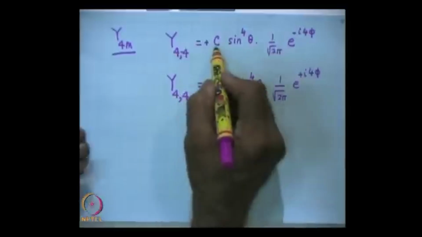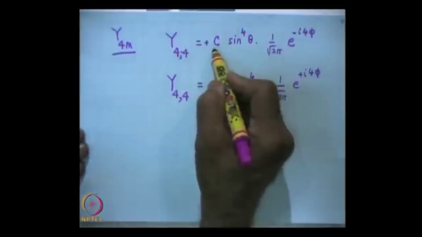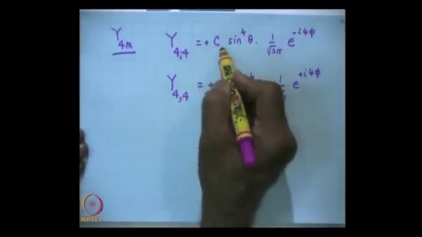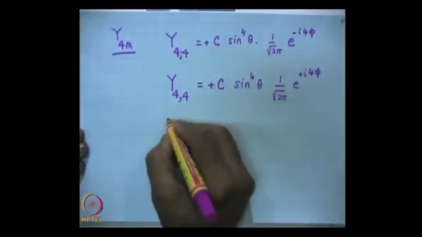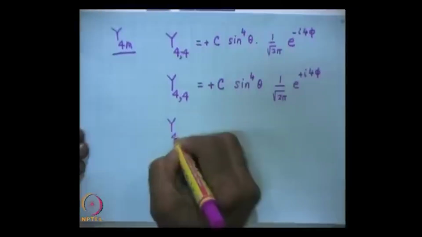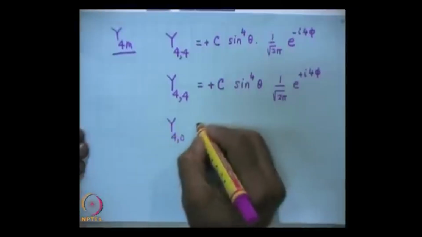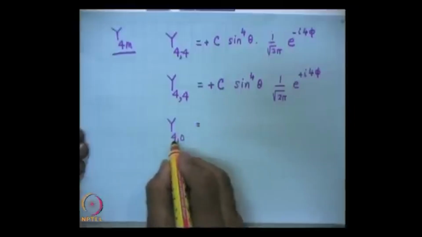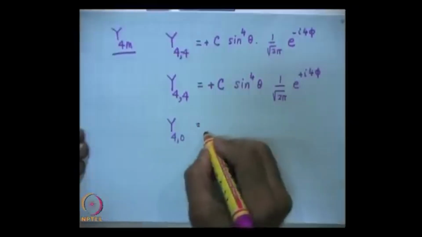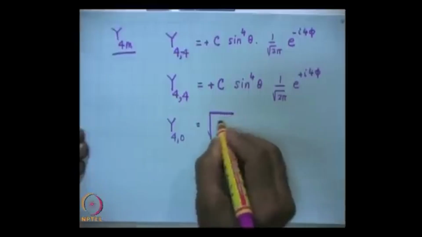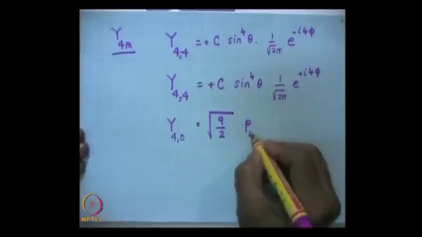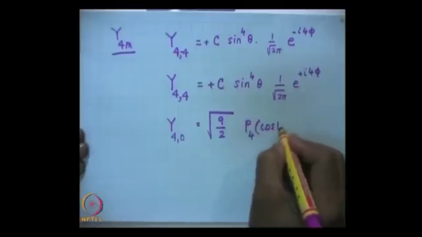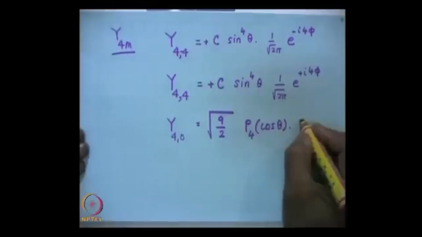And I can find out c either by using the expression or by brute force carrying out the integration, or I can start with this Y4,0. So, this is L is 4. So, 2 into 4 plus 1 is 9 by 2, P_4 of cos theta multiplied by 1 over root 2 pi.